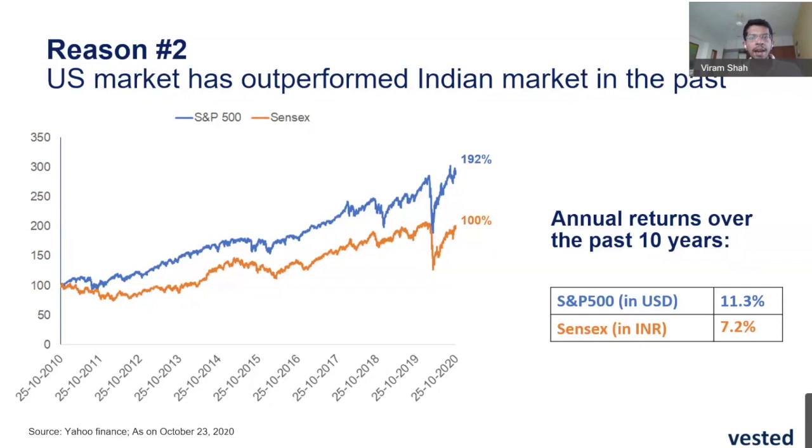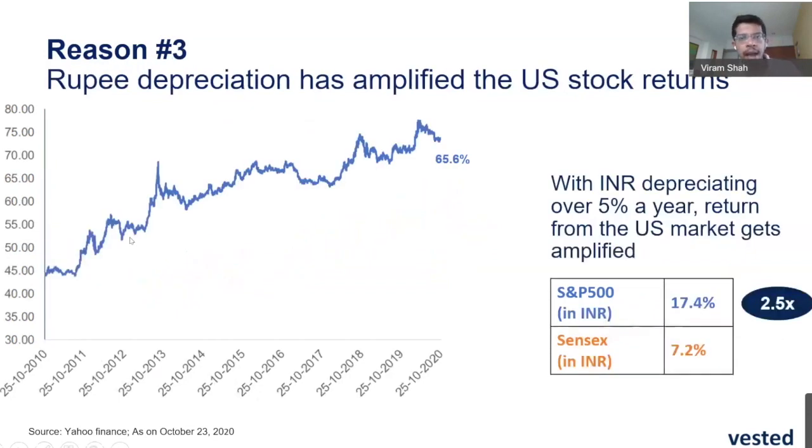Now, if you add to it the fact that you actually invest in dollars in the US market and that the rupee has depreciated. So basically the value of the rupee for $1 has reduced, or rather the rupees needed have increased over time. Basically it means that your returns are actually even higher. So 10 years ago, every dollar was worth 45 rupees.